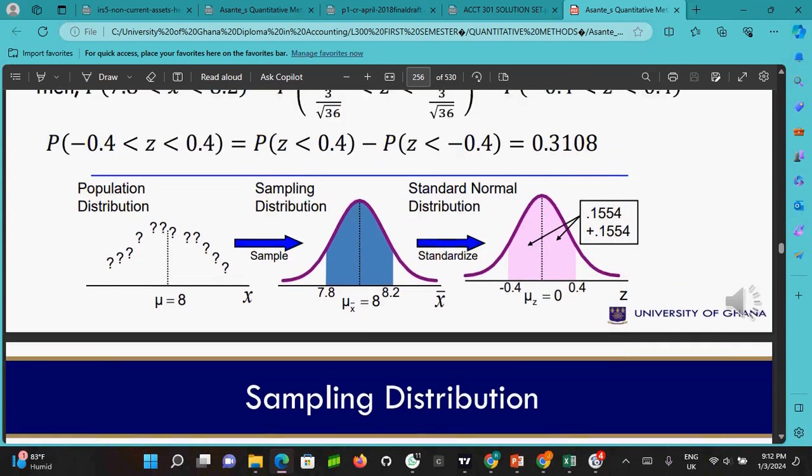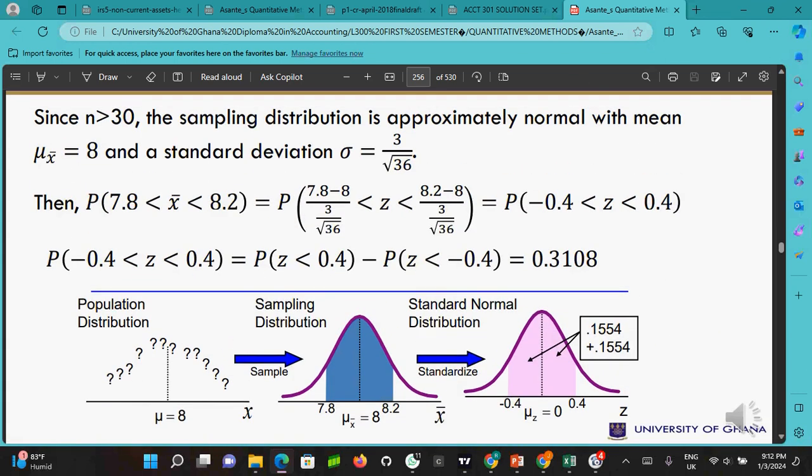Yeah, please, I have a question. Because the n is a number greater than 30, that is why we use this formula, the central limit theorem, right? Assume it was, let's say, 29 and below, we will use the other formula, isn't it? Yeah.